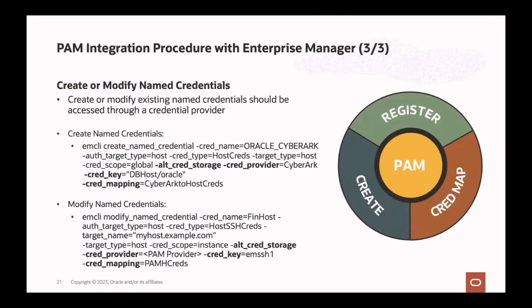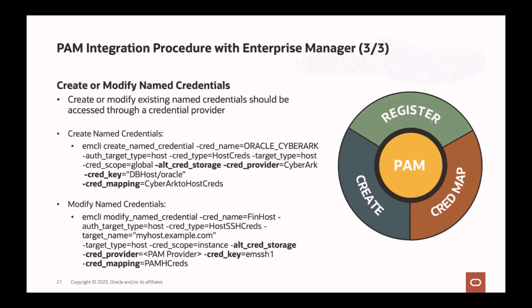To create or modify an existing name credential, we have to make sure we specify this hyphen alternate cred store to indicate to Enterprise Manager that whenever it has to fetch the name credential, using this hyphen alternate cred store, it should go and fetch the respective credential for a database or host from an external PAM store instead of fetching it from the EM repository.